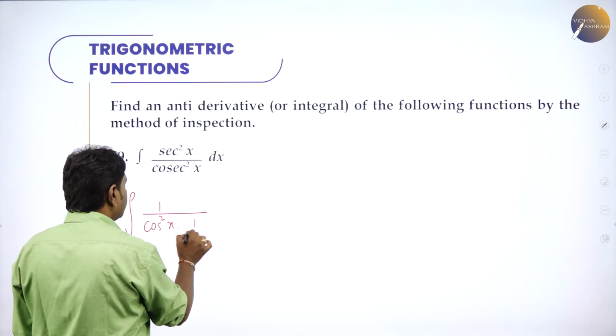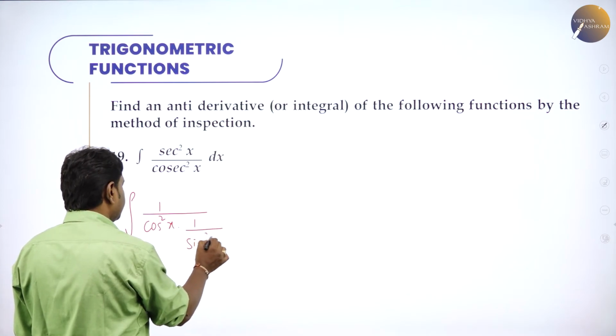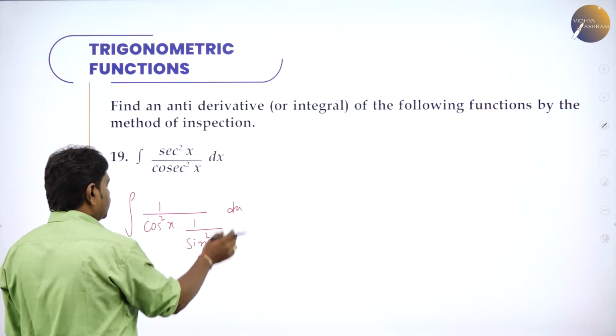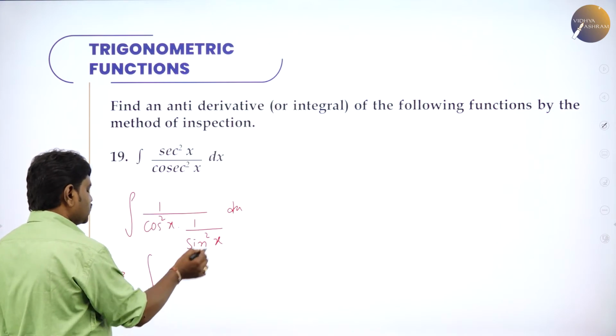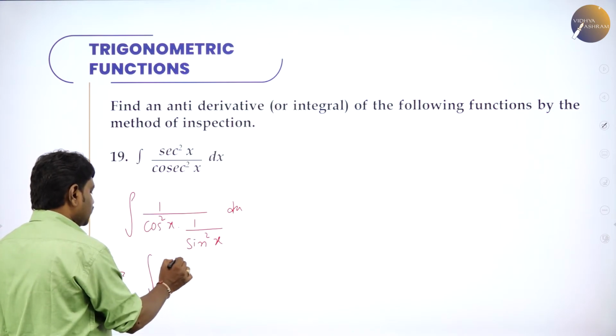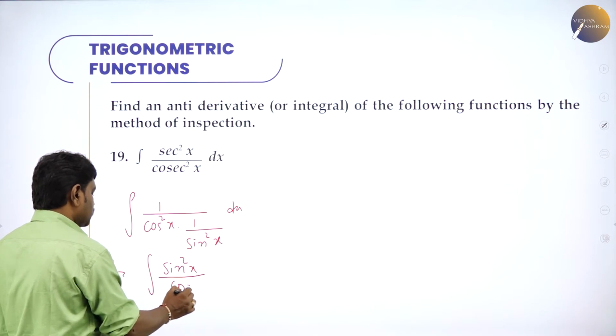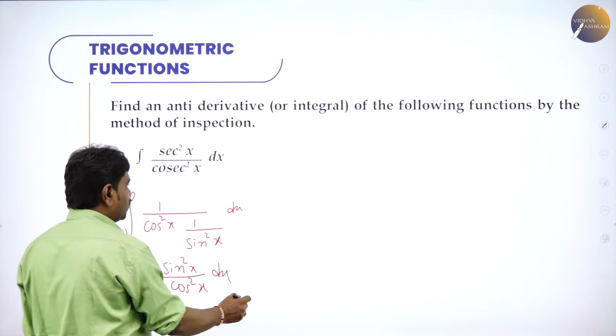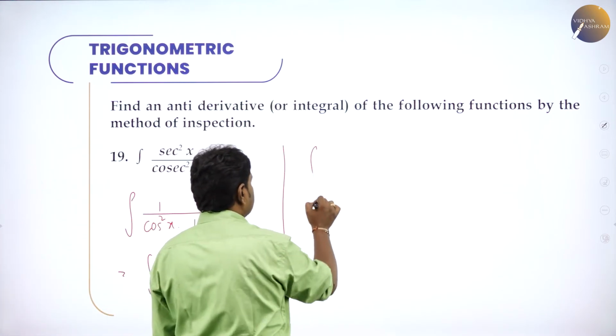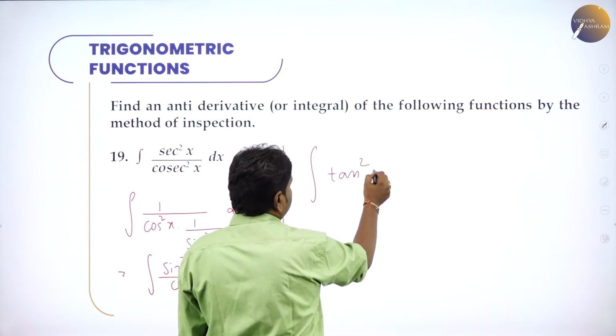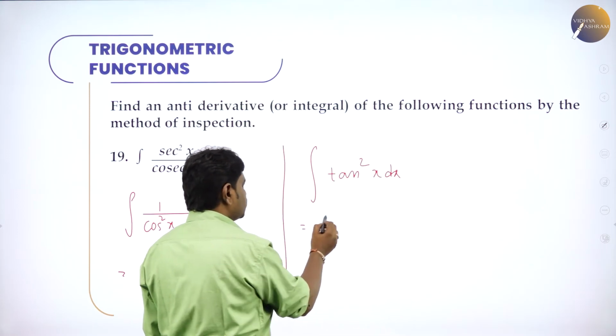Similarly, cosecant square can be written as 1 by sin square. And this I'll transfer to the numerator. Can I write it as sin square goes up? So finally it is sin square x by cos square x. What is sin square x by cos square x? Tan square x. Sin by cos is tan, but we don't have tan square x in the formula.